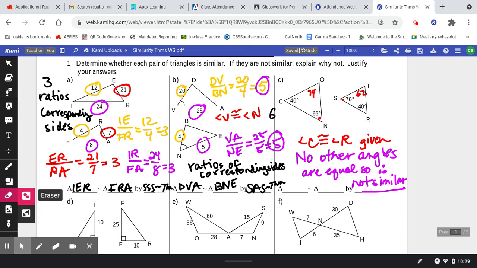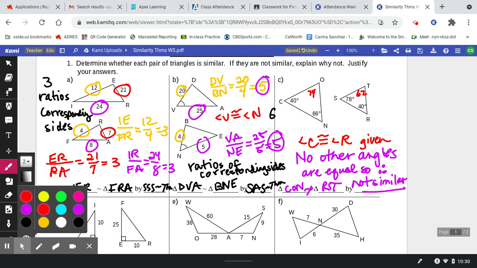So these two triangles are not similar. So what do we write in that case? You would write not similar. You could actually write out the triangle names. Triangle CON is not similar, so you can put a slash through to RST. So you could put a slash to designate that they are not similar. Does that make sense? Or you could just write it out.